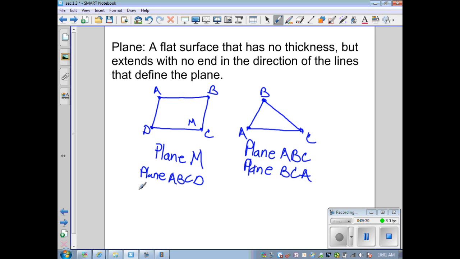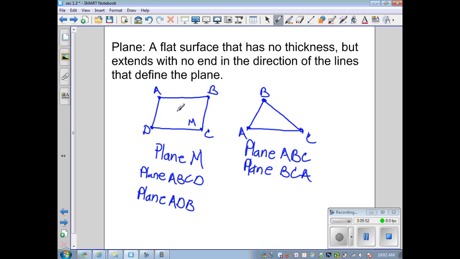I also could shorten the name of the plane by identifying just 3 points, because we need 3 points to create a plane, 2 points to create a line. So here I could go A, D, B. This represents the plane.